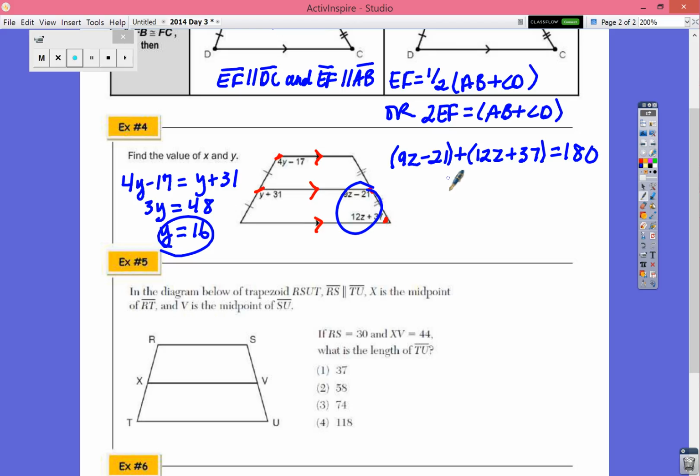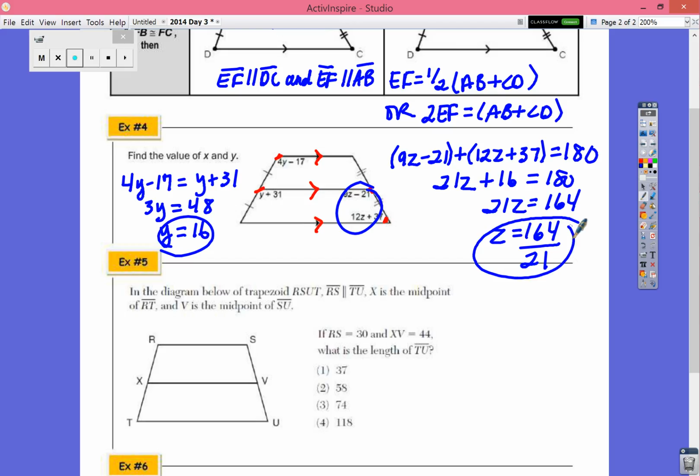Combine like terms, we end up with 21z plus 16 is equivalent to 180. Subtract 16, and 21z is equivalent to 164. And then divide by 21, and z is equal to 164 over 21. And we're going to leave that improper.